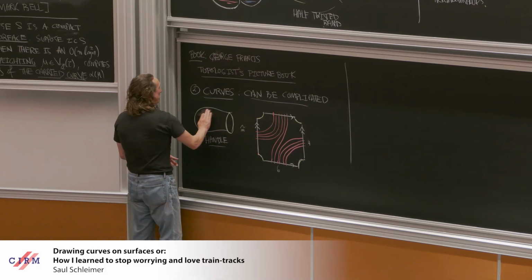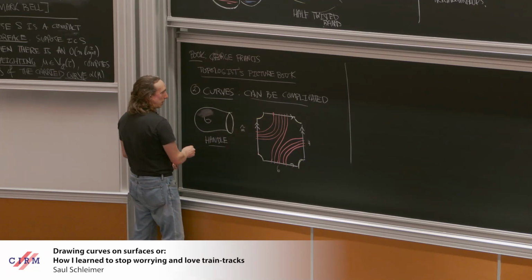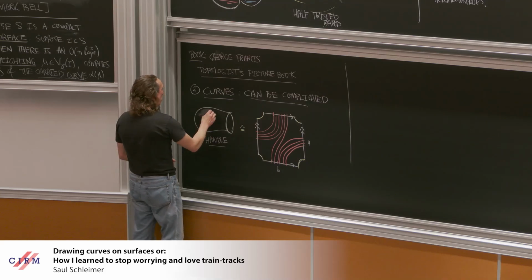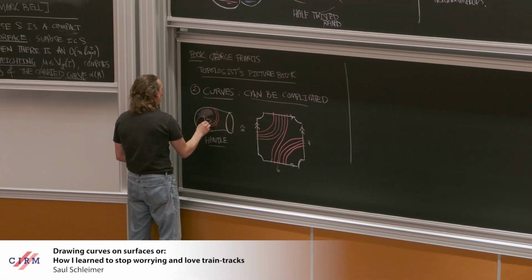Let me draw a much simpler curve. No, I think that will just get me in trouble. So I will draw this curve here. But I'm not done. I will do this. There we go.